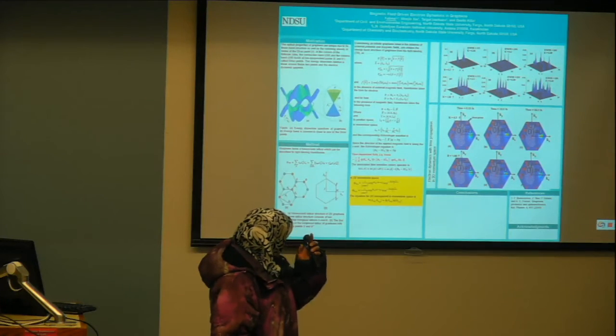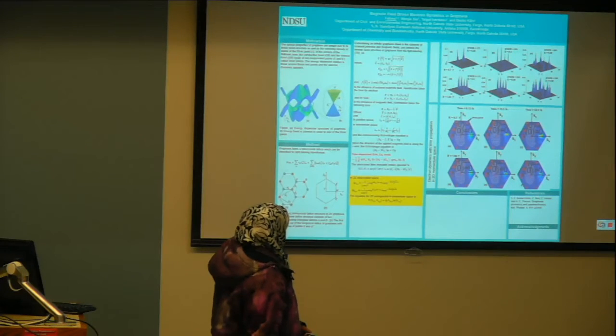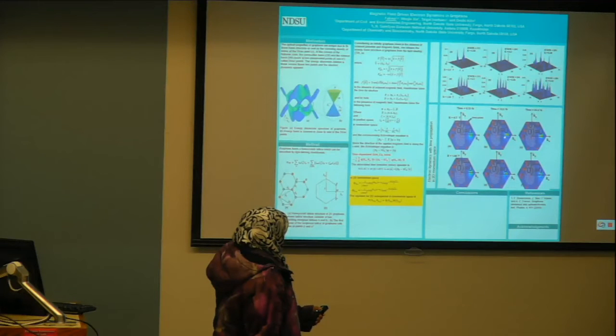Yeah, I can do that, but I have a concern here because this is for 0.7 Tesla. Here we can see that the electron dynamics does not spread much, but here we can see the eigenstates.